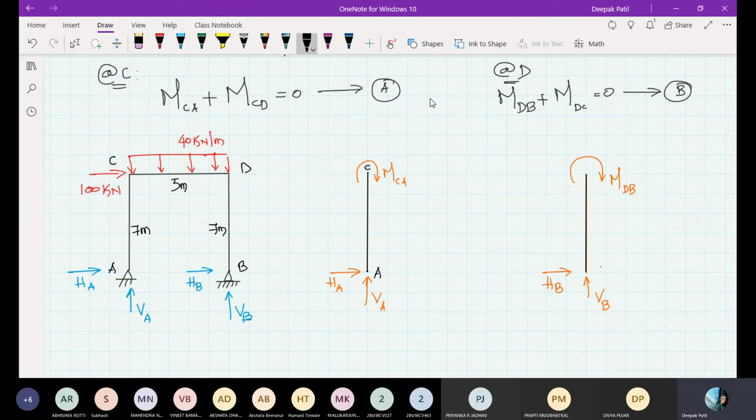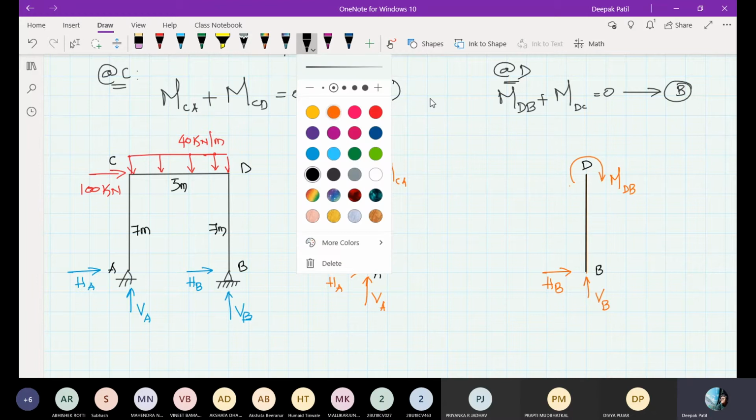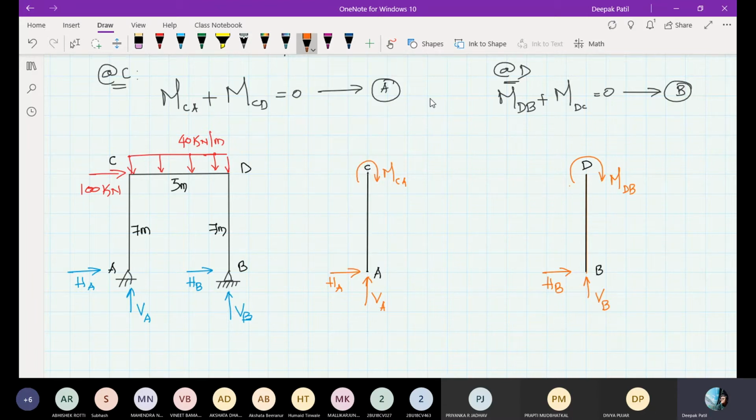So this is your point B and this is D. Also, please note that apart from these reactions, there will also be one more horizontal force at C. Let me call that HC, and here also there will be one more force HD.